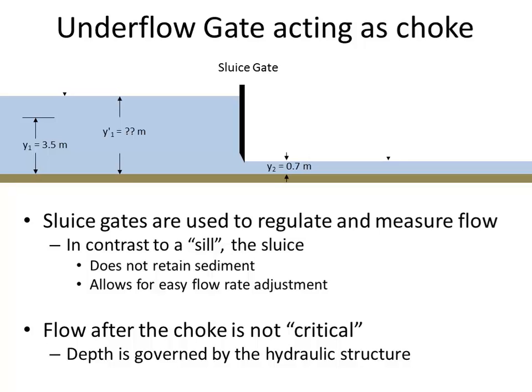Here's the gate. The water level would be like this. It would be flowing up under there, and there'd be some turbulence here. It'd look unsettled, but the water levels would be the same.